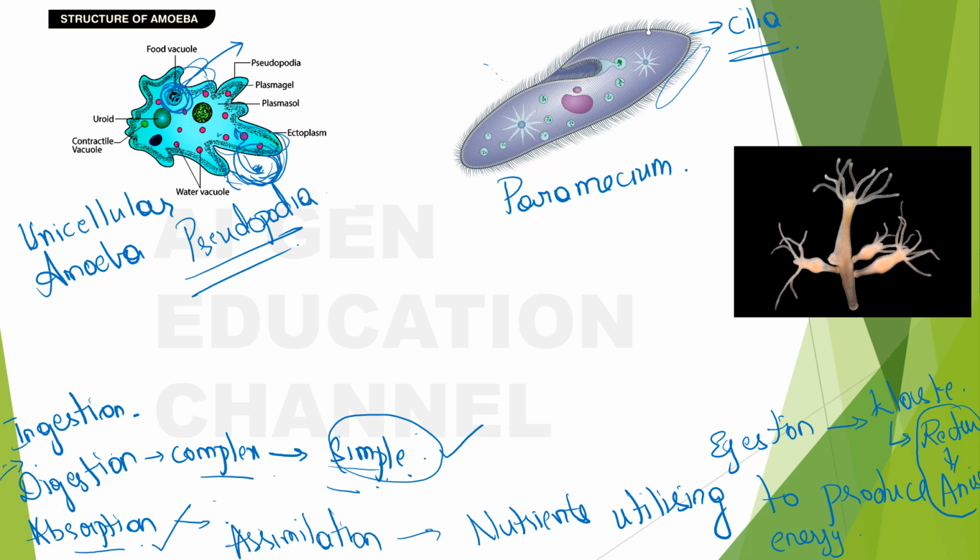So this food will come and enter this cavity. What is this cavity called? This cavity is called the oral groove, or vestibulum, okay? Here enters the food, and after entering, it will get into some narrow part called the buccal cavity or gullet, okay? And then later the food enters into the food vacuole, okay? And there again the process of digestion takes place.